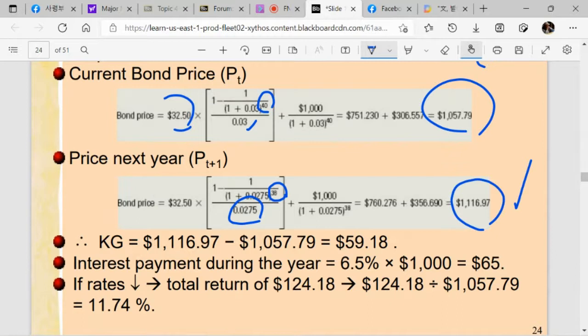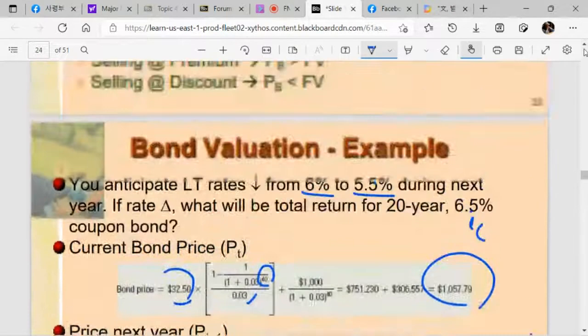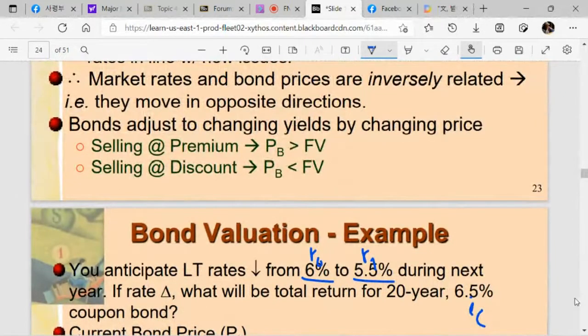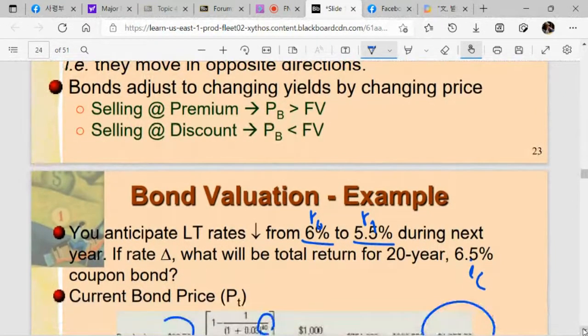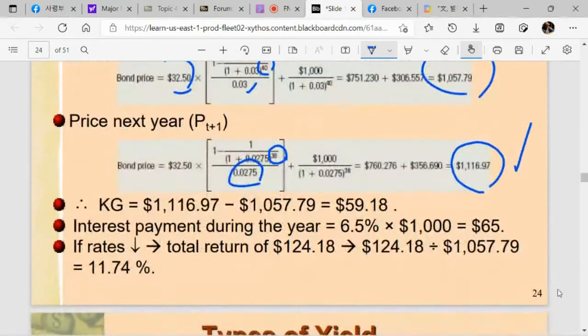Here something weird is that we can tell this is going to be a premium bond, right? Why? Of course, this coupon rate is greater than the discount rate, so it's going to be a premium bond, and it's going to be even more of a premium bond next year.